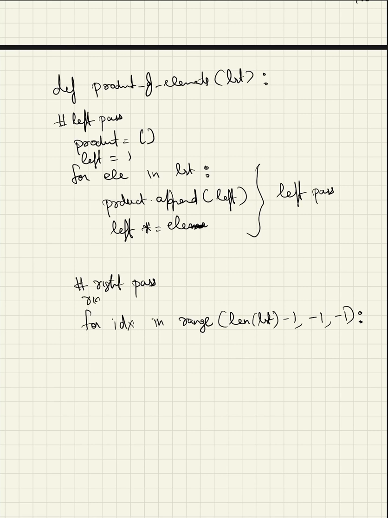For the right pass I also need something to start off, so right equal to 1, that's the initialization. We are going to mutate the product array directly.